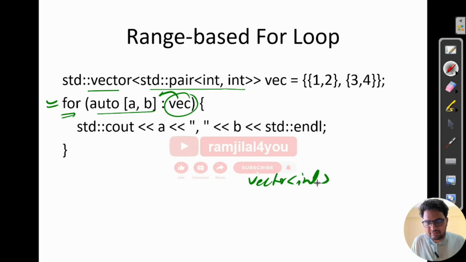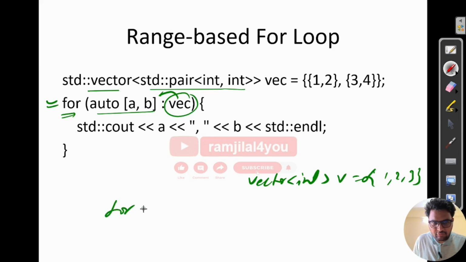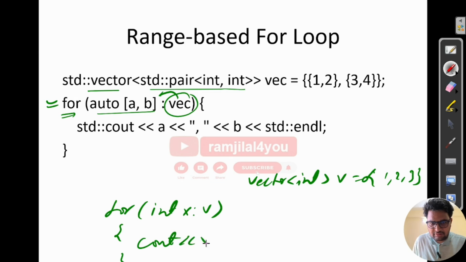of integer, v, having, for example, 1 2 3, three elements. And if I want to try the range based for loop here, then for integer x in v, and this is the for loop, and cout x.